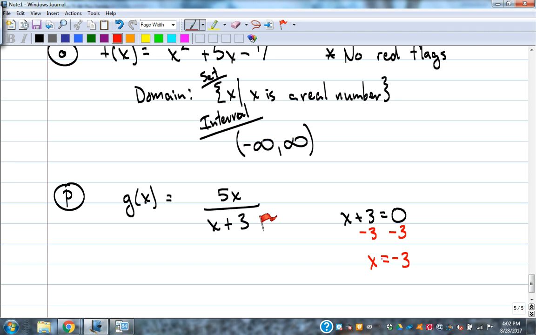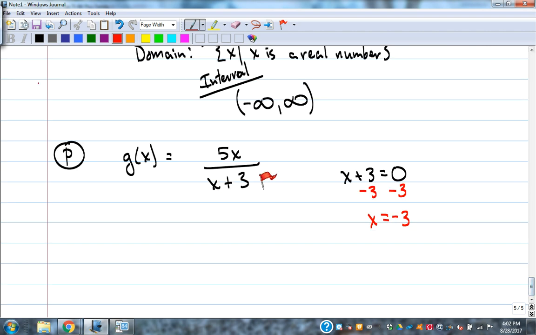So for our domain, in set notation, curly brace, x, straight up and down bar, that means x such that, we've got to tell it that x can't be negative 3. It's any number except for negative 3. That's the only one we can't have because it's the only one that would give us a 0 in the denominator.